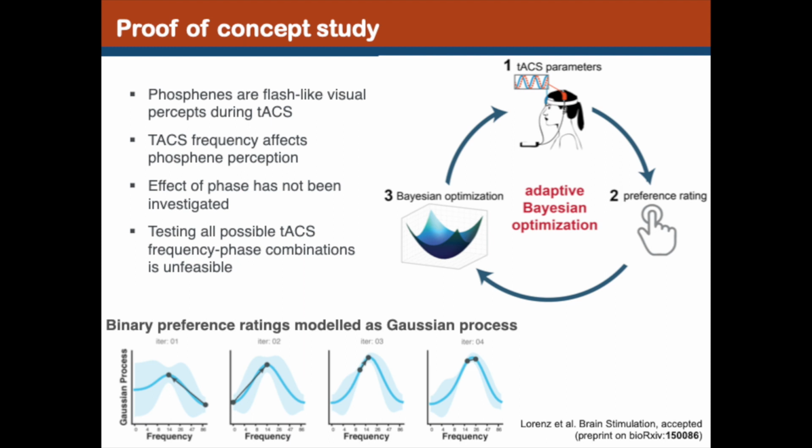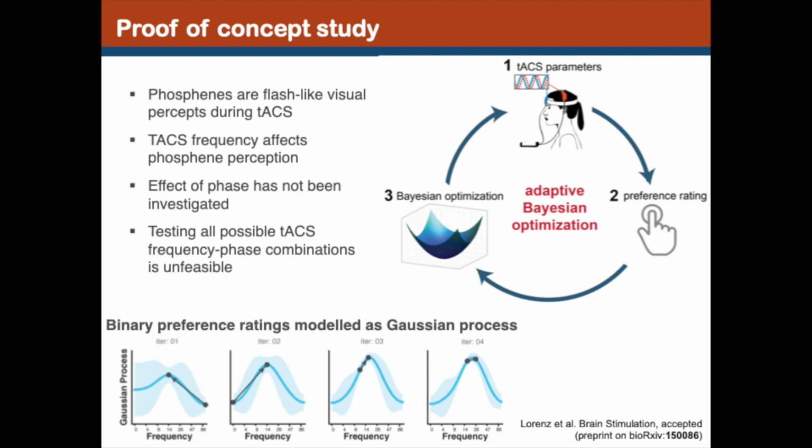They are shown one block with particular parameters, another block with other parameters, and they just have to say which one they thought the phosphenes were more intense. And we're using our Bayesian optimization algorithm to then suggest a new sample and analyze this data in real time.